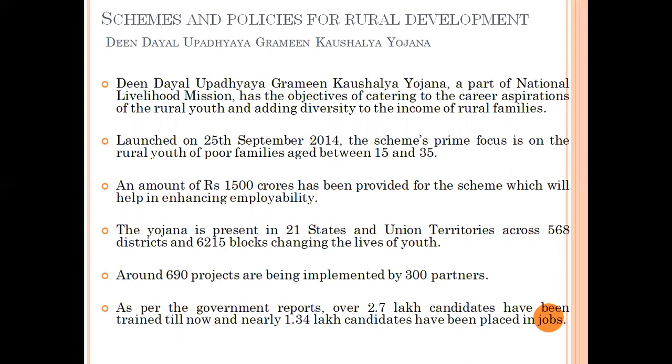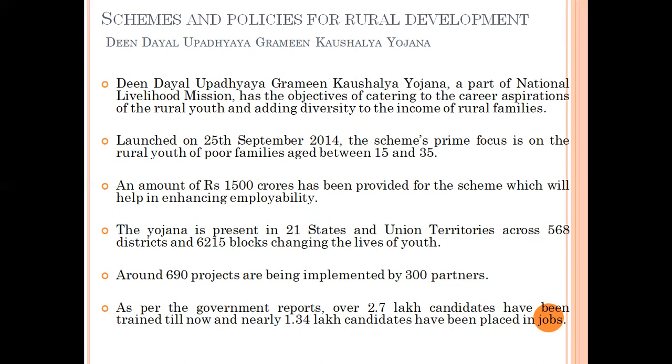So this scheme was launched on 25th September 2014 by Union Minister Nitin Gadkari and Venkaiah Naidu on the occasion of 98th birth anniversary of Pandit Deen Dayal Upadhyaya. Vision of this scheme is to transform rural poor youth into an economically independent and globally relevant workforce. And its target is the youth of age group 15 to 35.